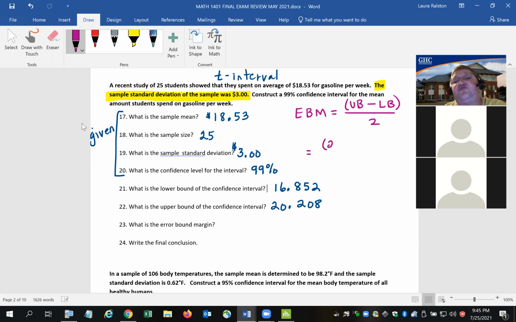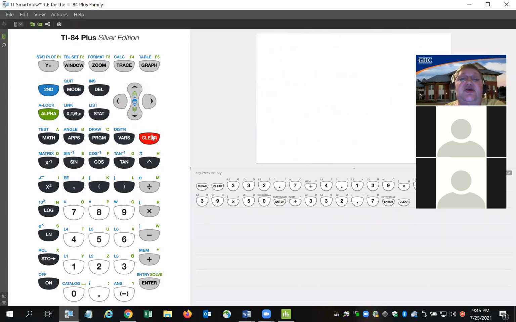So I would do 20.208 minus 16.852, all divided by 2. And if I'm doing this on my calculator, guys, you have to do the subtraction in the numerator first. That's why there's parentheses around it.